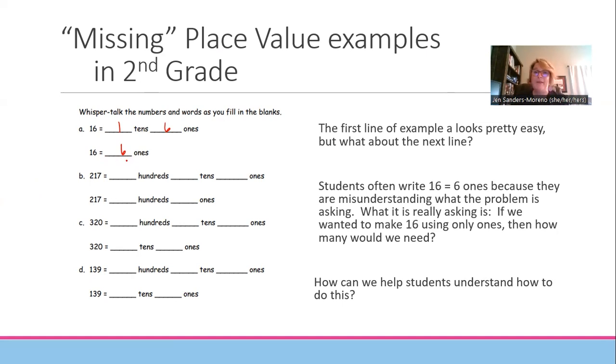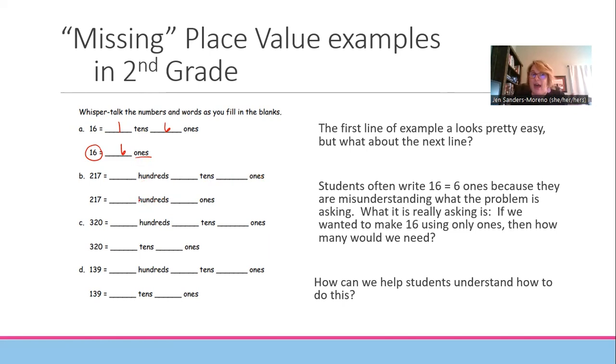Yeah, no. Okay, so what's going on here that is not terribly clear at first is that what this is asking is to build 16 using only ones, okay? So what we would want students to recognize is that if every place value is accounted for, then they're just going to write the digit, right? Like 2 hundreds, 1 ten, 7 ones.